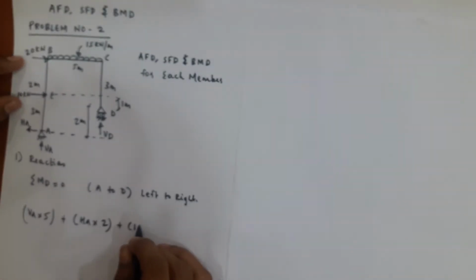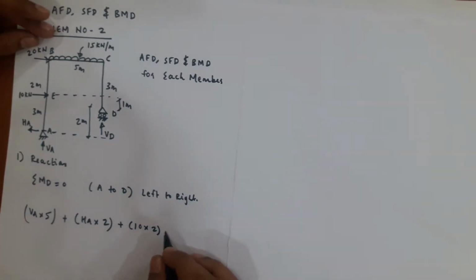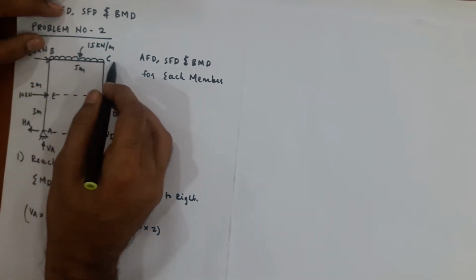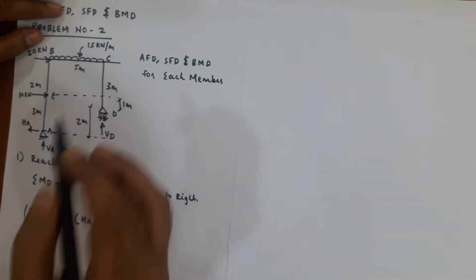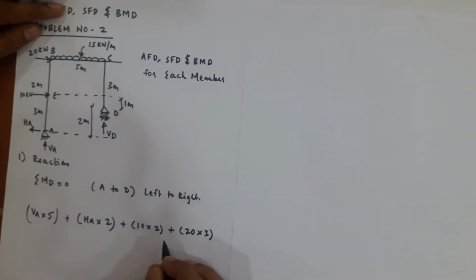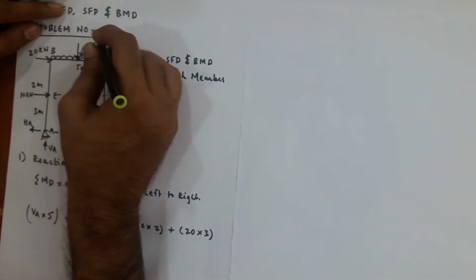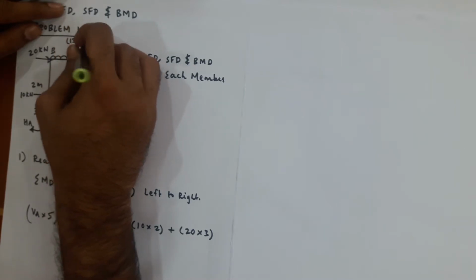Plus 10 into 2. Then you have this point load. Line of action of the point load is like this, 20 kilonewton, 3 meter from point D, plus again this is creating clockwise moment, 20 into 3. Then you have this UDL. Total load of the UDL is concentrated at the center. Total load of the UDL is 15 into 5.